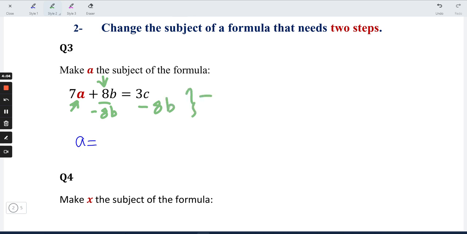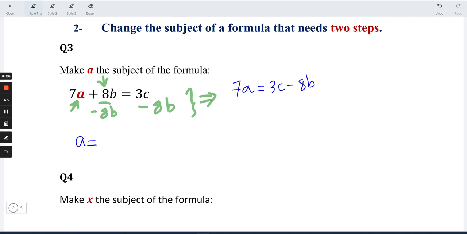In this case we'll get 7a equals 3c minus 8b. So this is the first step. The second step is to cancel the coefficient of a by dividing, because the opposite operation of multiplication is division.